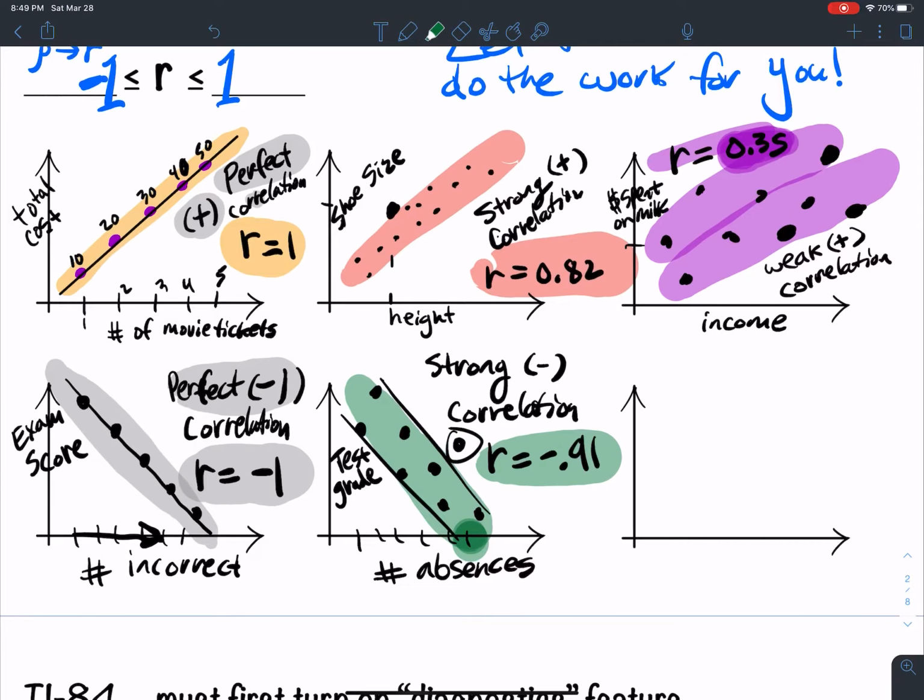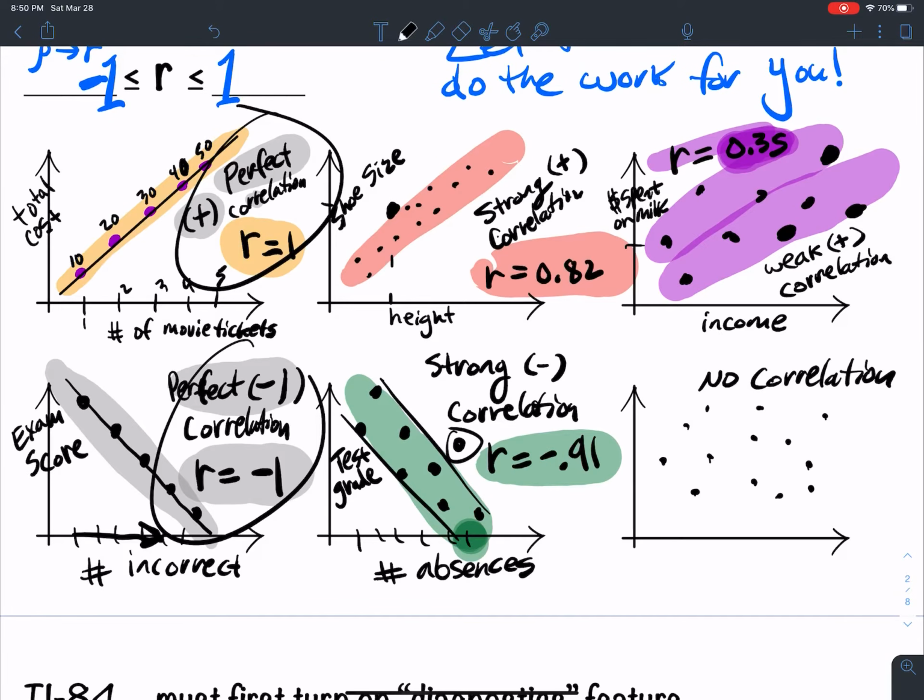Okay? And last, you've got the scenario where it just looks like a bunch of random dots everywhere, no pattern at all. When there's no correlation, what do we have? Well, perfect positive is 1, perfect negative is -1.